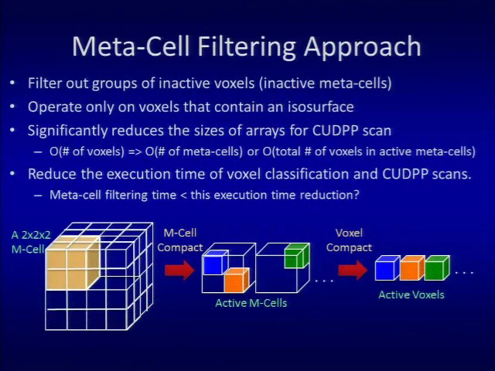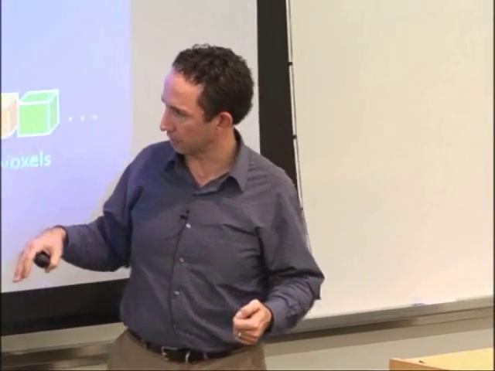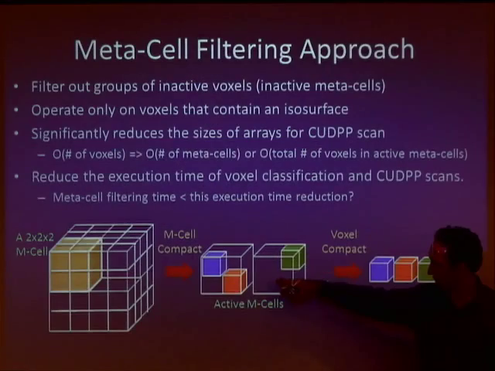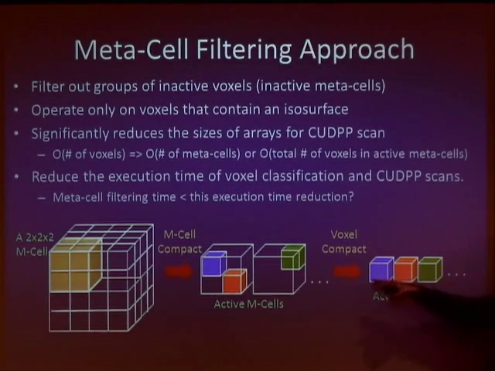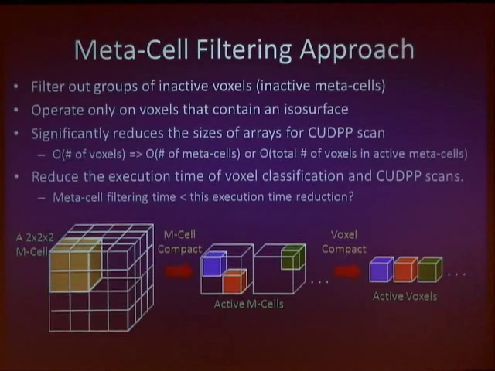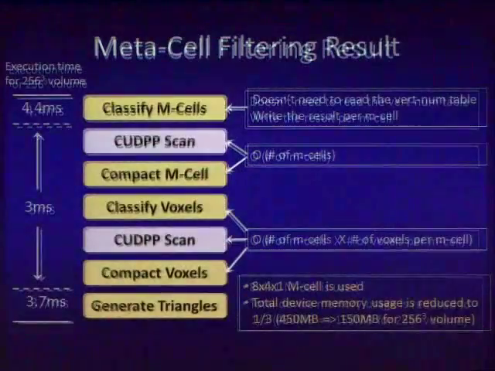So then what we've done is we just take a classic, you can think of it as an octree approach from graphics. Instead of dealing with the individual cells, we create metacells that help filter out regions of the data that don't have interesting numbers.